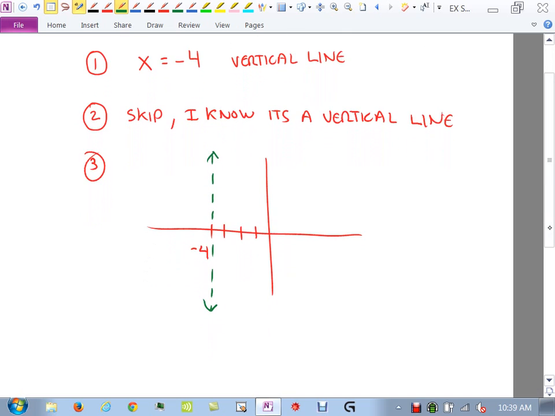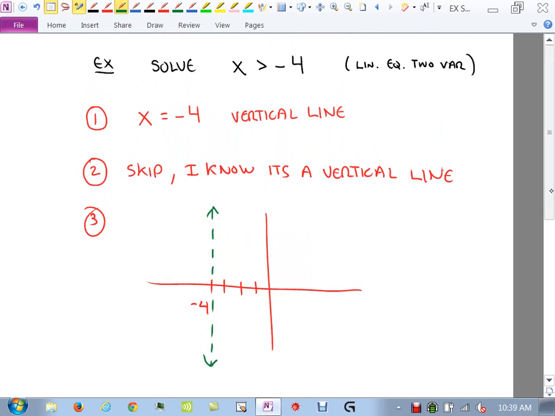Test point, anyone? 0, 0. Plug in 0 into the original problem, the original being way up here. Plug in 0, 0 into that. Well, really, all you're doing is plugging in x is 0, right? So is 0 greater than -4? Yes. 0 is to the right of -4, isn't it?